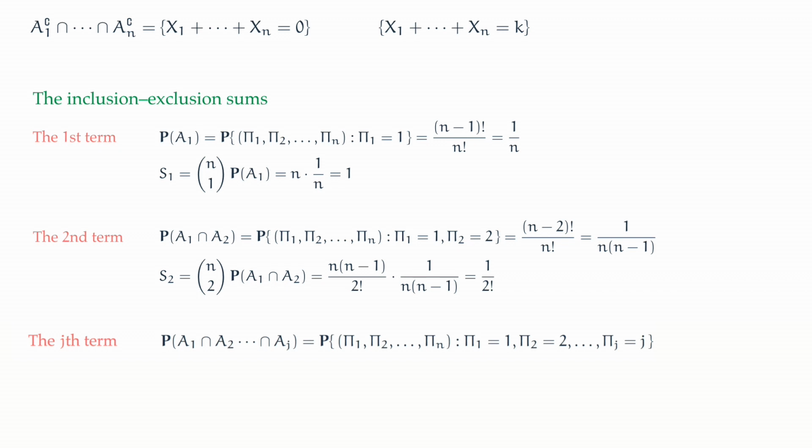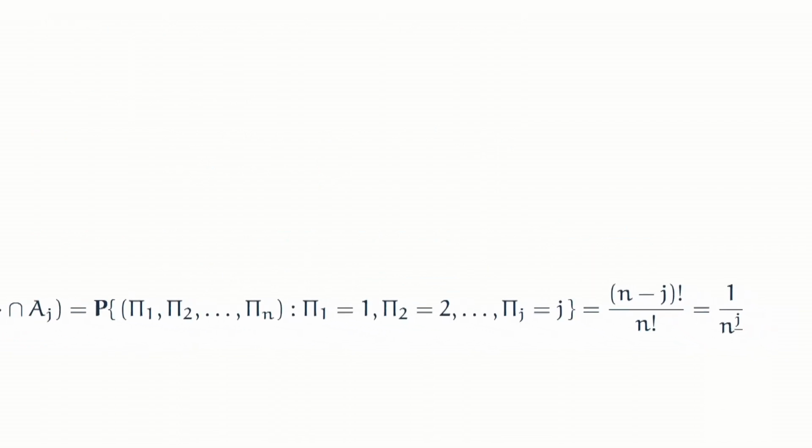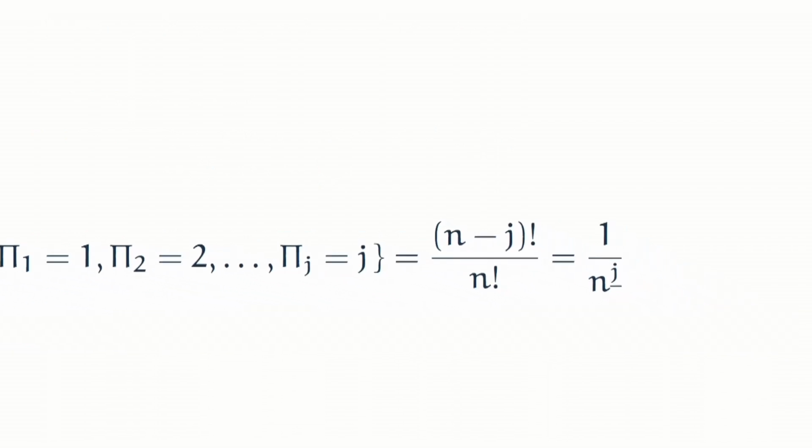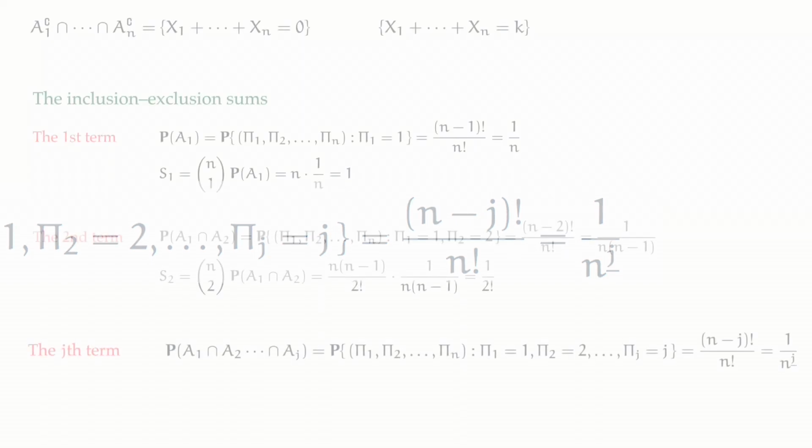And so this immediately gives rise to a probability given by n minus j factorial over n factorial, cancel common terms in numerator and denominator, and we discover a falling factorial in the denominator. The probability that j specified individuals get their hats back is the reciprocal of the falling factorial n to the j falling.